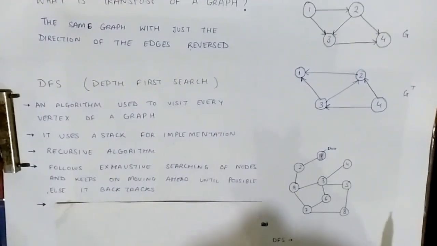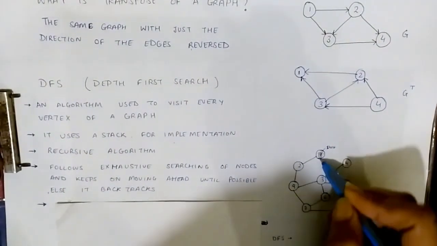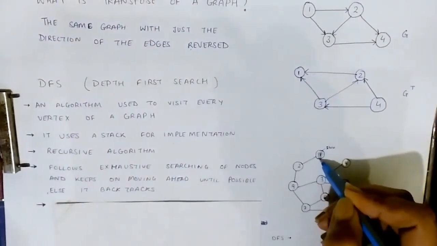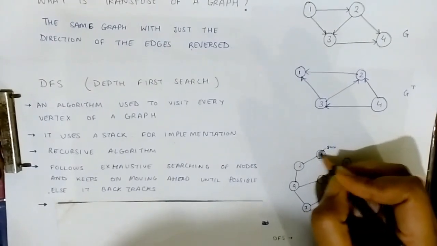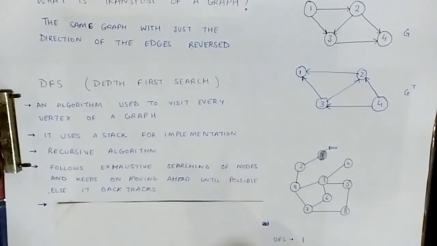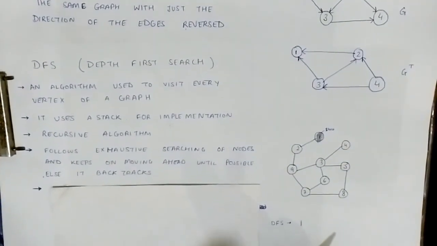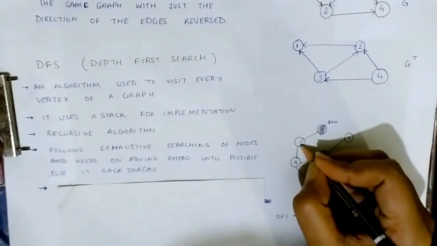Let's take this graph. Okay, let's say the starting point of this graph is 1. So we explore this node, mark it as visited. Next, from 1 we can go to 2.